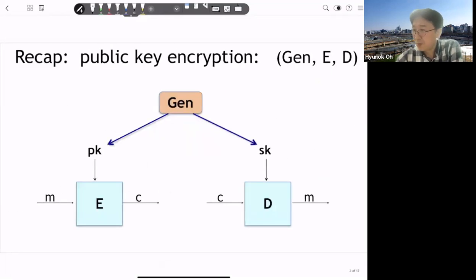We already know that a public key encryption scheme is composed of three parts: key generation, encryption, and decryption. For the encryption, we use the public key, and for the decryption, we use the private key.